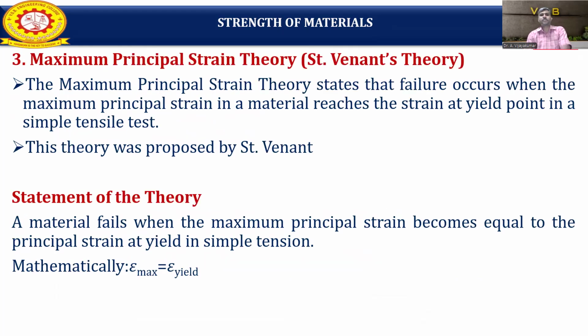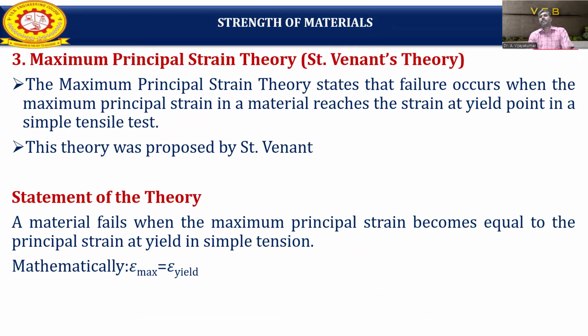Next theory is the maximum principal strain theory, also called the Saint-Venant theory. It says that failure occurs when the maximum principal strain reaches the strain at the yield point in a simple tensile test.